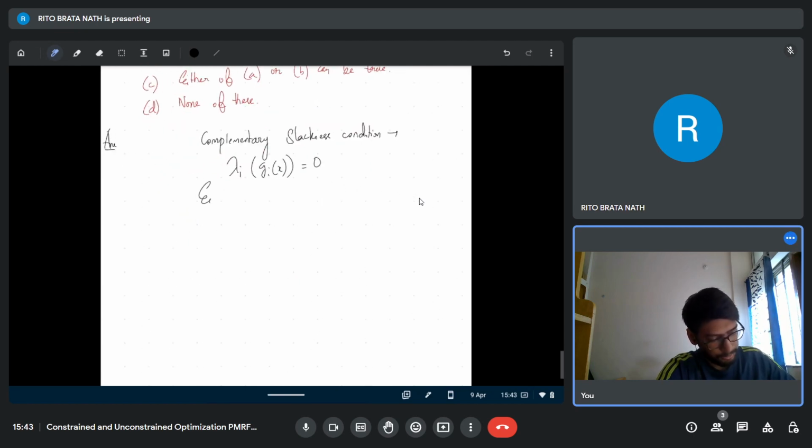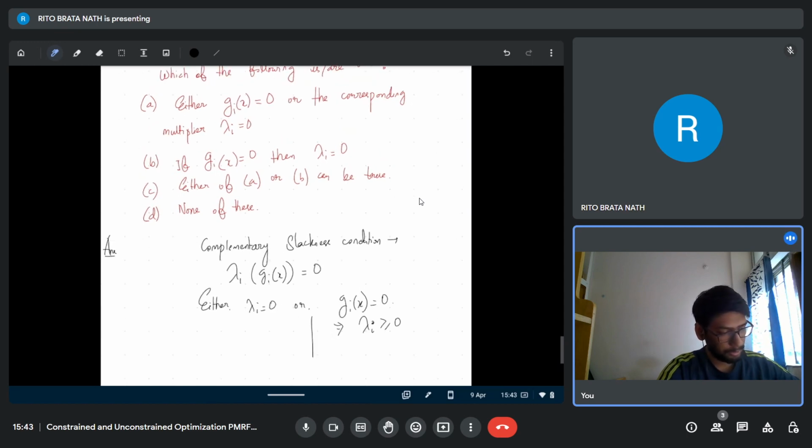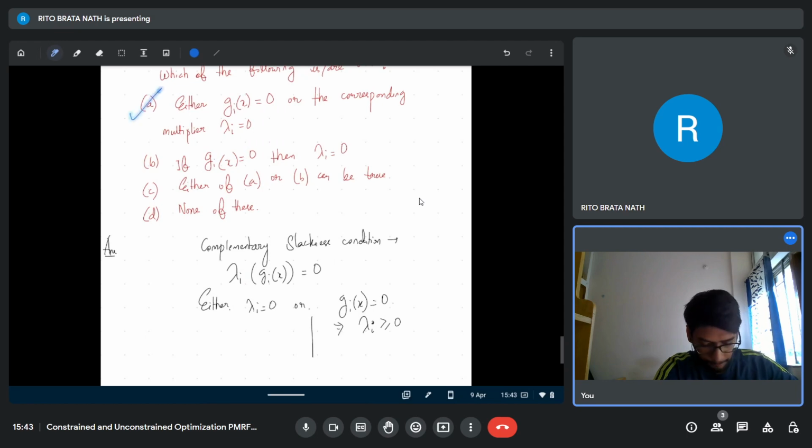So it's either lambda equals 0 or g_i(x) equals 0. And when g_i(x) equals 0, then lambda_i can be, so here it should be lambda_i greater than or equal to 0. Right. So option B is not true, option C is not true, and option A is actually true. So any of the two has to happen, and D is not true. That means option A is the correct answer here.